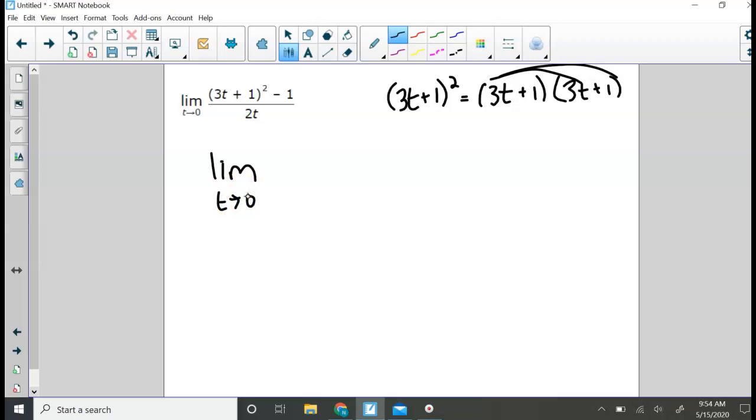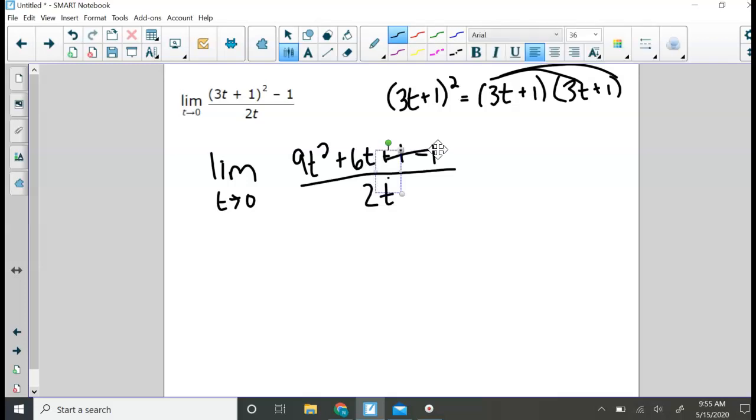So 3t plus 1 squared, if I square, double square, I'll get 9t squared plus 6t plus 1 minus 1 over 2t. Well, this plus 1 minus 1 right here is going to cancel each other out. So you really just have 9t squared plus 6t over 2t.